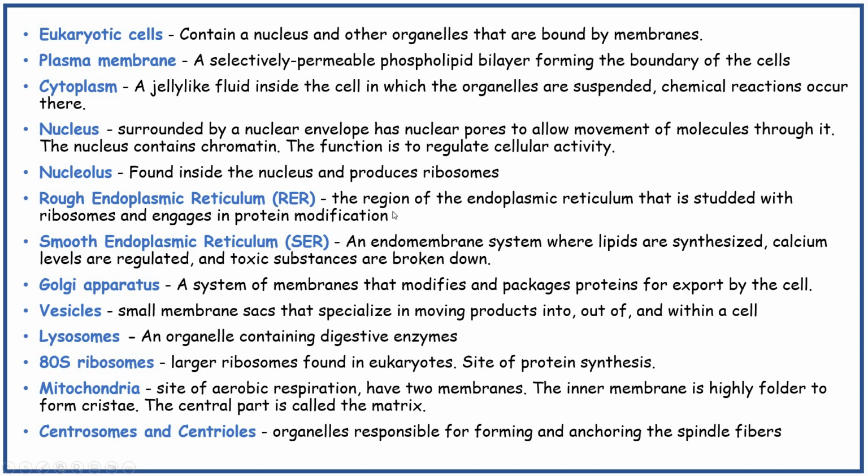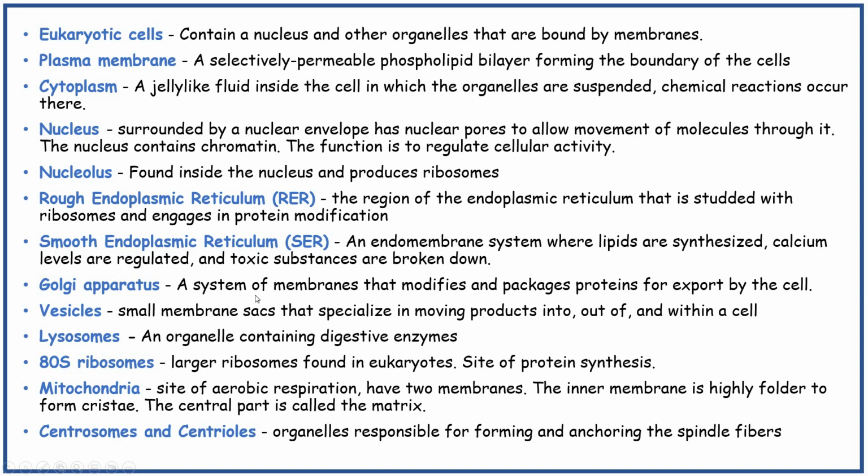Rough endoplasmic reticulum is the region of the endoplasmic reticulum that is studded with ribosomes and engages in protein modification. Smooth endoplasmic reticulum, or SER, is an endomembrane system where lipids are synthesized, calcium levels are regulated, and toxic substances are broken down. Golgi apparatus, a system of membranes that modifies and packages proteins for export by the cell.